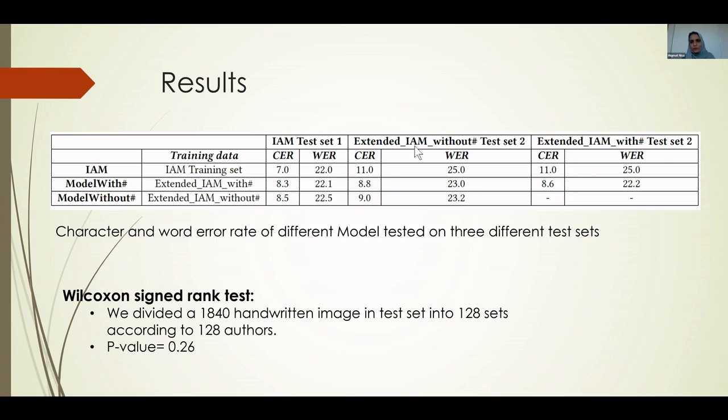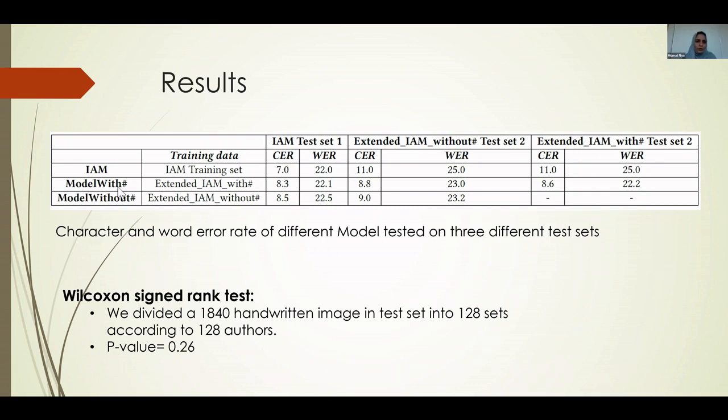When we introduce cross out, when the model is not trained on cross out, the character error rate increases from 7 to 11. Same here, from 7 to 11. So when we want to test something which contains cross out and the model is not trained on it, the chances of character errors will increase.